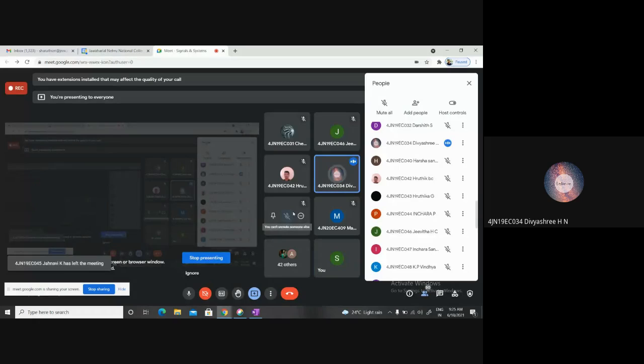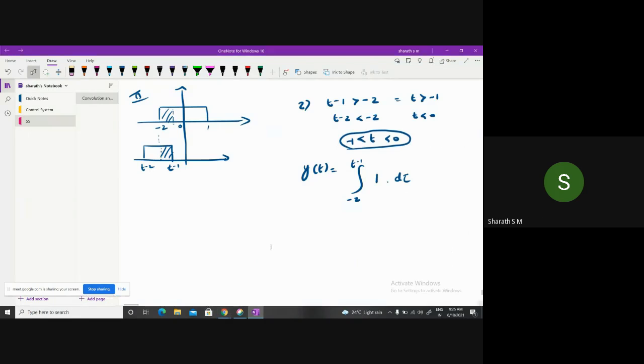What's the third case? H of t minus tau should overlap on x of tau. So there should be a proper overlap of h of t minus tau at the mid position of x of tau. What's the limit here?